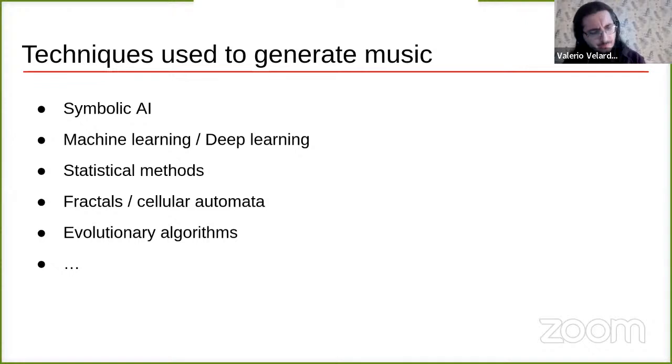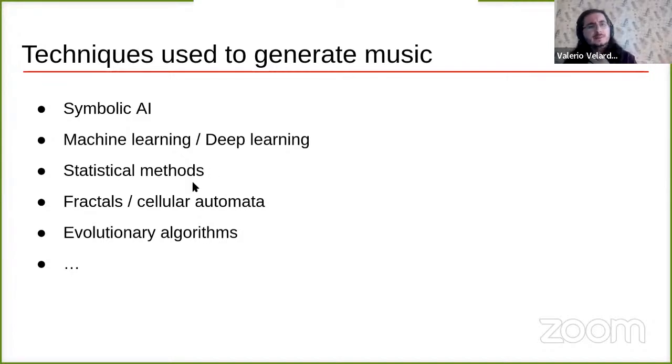Okay. So the other question that we had was, how do we generate music? And we've used over time all sorts of techniques to generate music. A lot of symbolic AI, like expert systems or generative grammars, and so on and so forth. But also machine learning and deep learning, which has become especially trendy over the last few years.